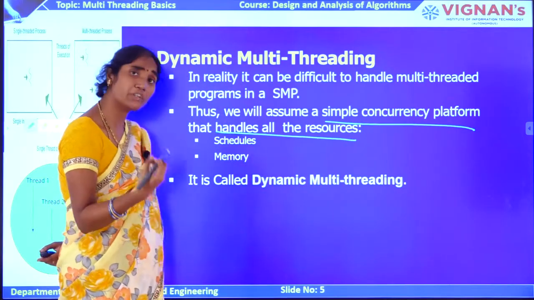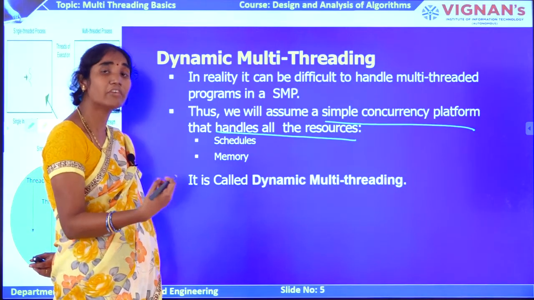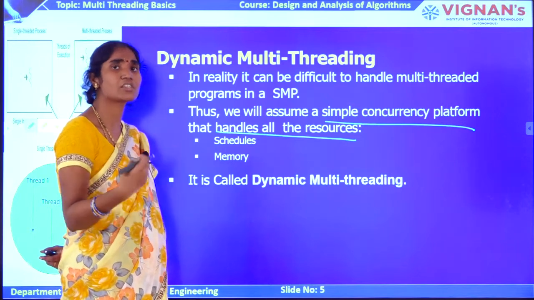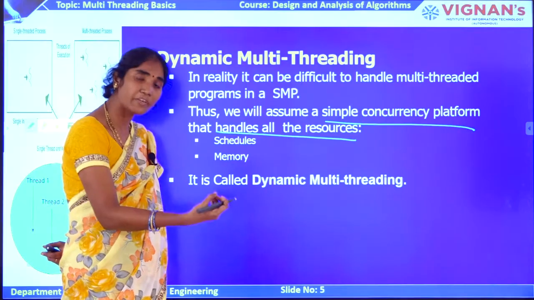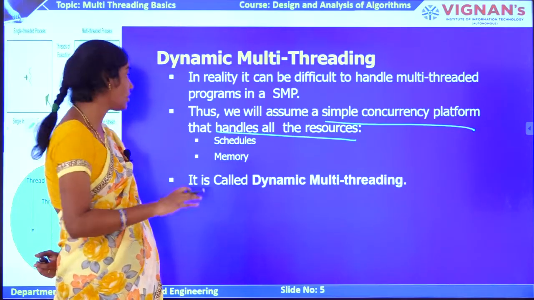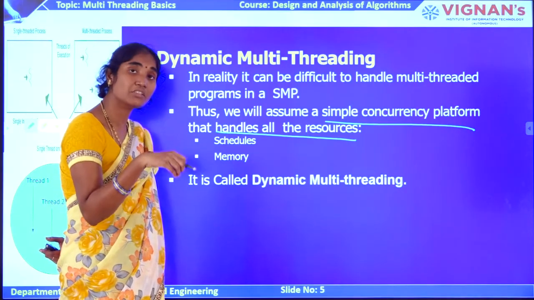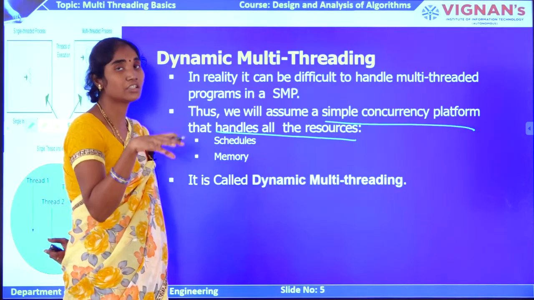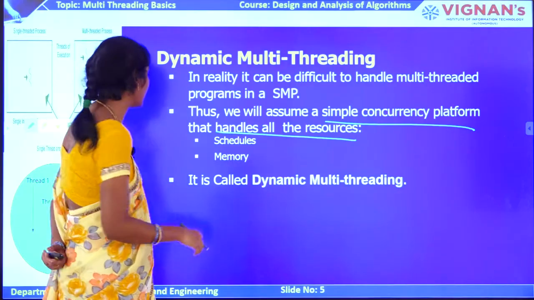Resources may be related to memory or scheduling, we have to schedule, and also we have memory, and also hardware resources like a printer may be one of the resources, and memory will be one of the resources, cache memory or main memory, right. So we have to make utilization of all these resources concurrently, so that the overall process will be executed fast.